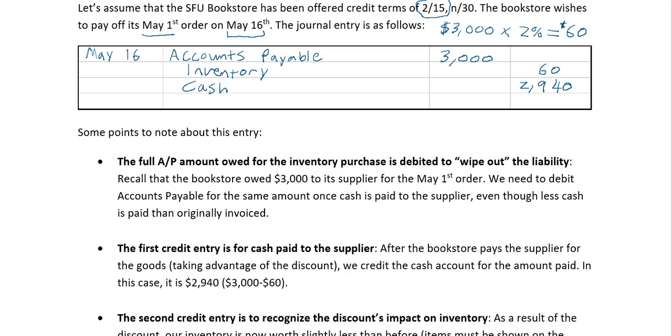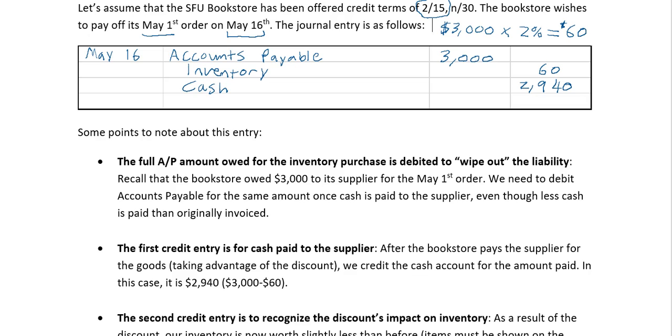However, when we actually made the payment with cash, we paid $60 less. So that $60 credit is basically us taking a small value out of our asset base, because we didn't actually pay 3,000, we actually paid 2,940. So by crediting $60, we bring our inventory value down, and we follow the historical cost principle.